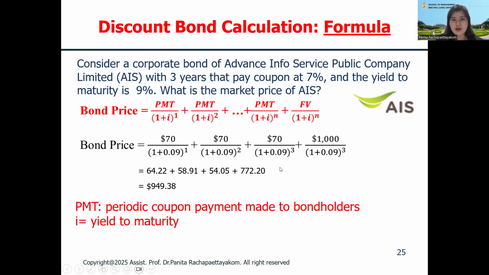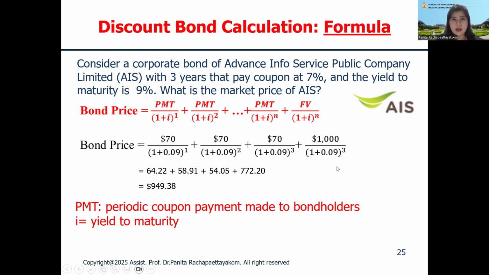For number 3, you apply the 70 coupon payment with 9% to the power 3 for the interest. And for the last term, you apply 1,000 Thai baht as the principal, with the interest 9% to the power 3.